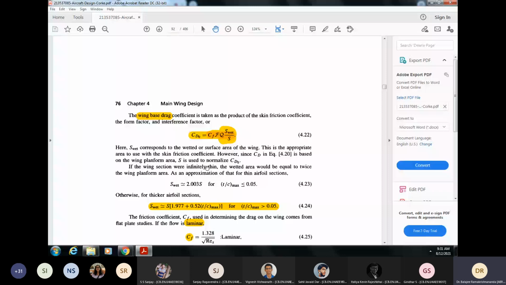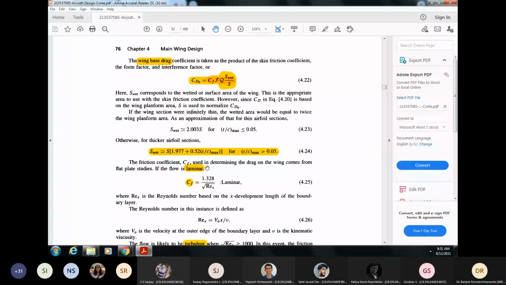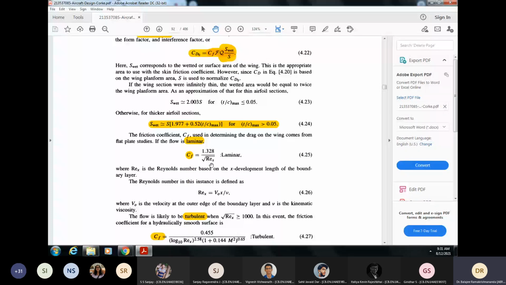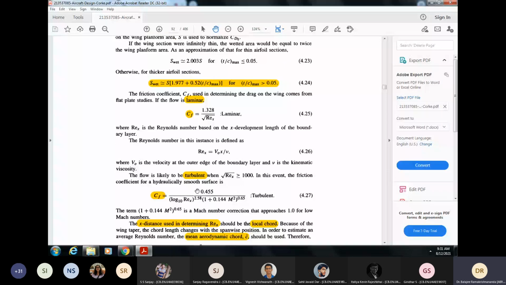Now what is CF? CF comes from flat plate studies. For laminar flow, CF is given by this expression. You can approximate this X as wing chord C. If flow is turbulent, then CF is given by this expression.